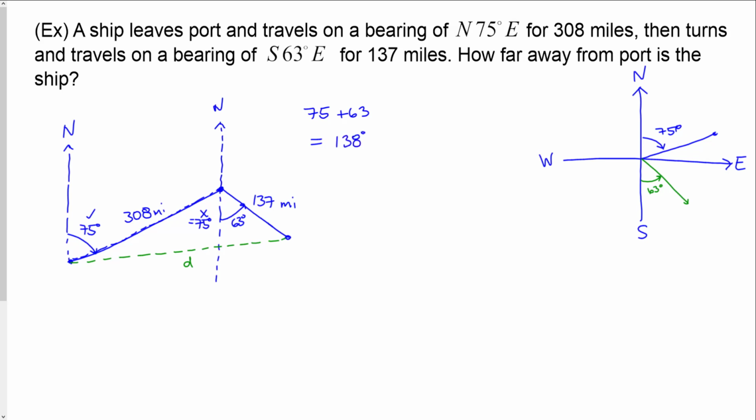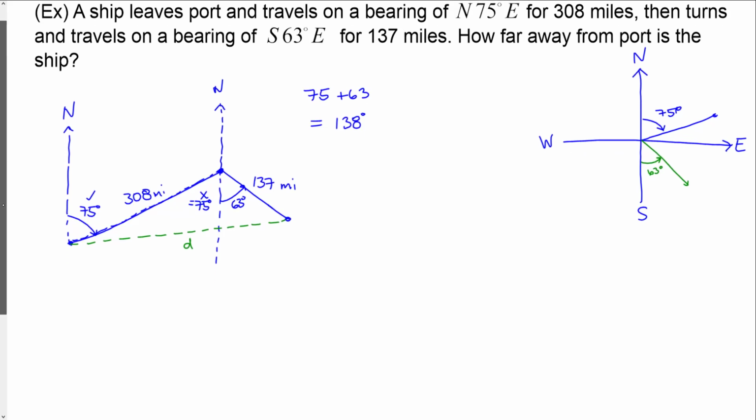Okay, now, given that, what we're going to need to do is work with the known angle measure and the known 2 sides, figure out what the length of the third side is.